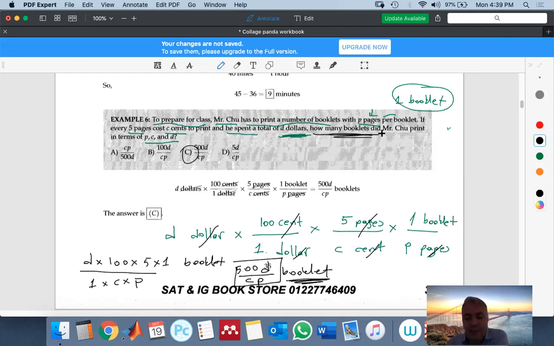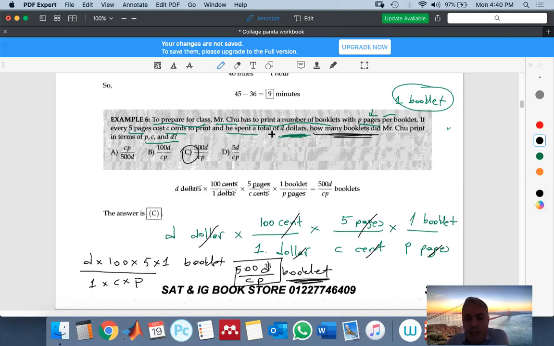Why is it 100 cents divided by $1? Why not $1 divided by 100? I get confused on this. Think like that: in $1 we have 100 cents. Always the biggest one we put down. Or forget about this. The best thing is this, Ahmed: we have to cancel out.